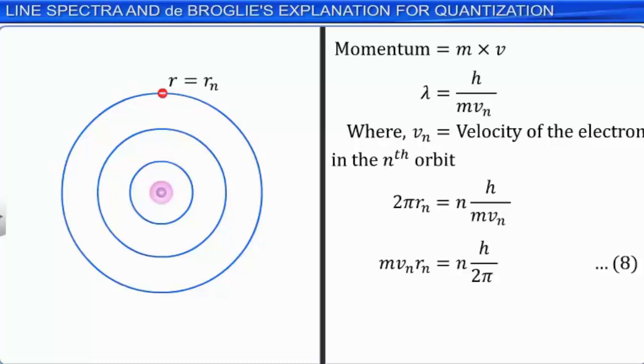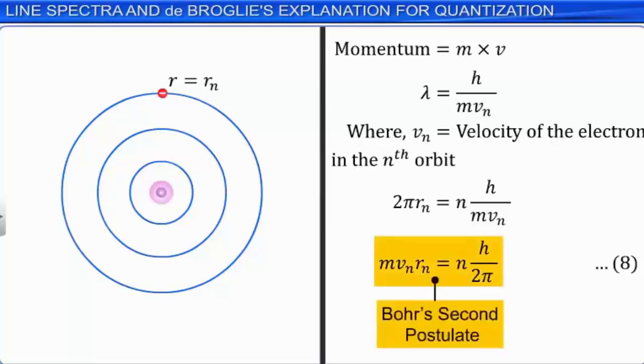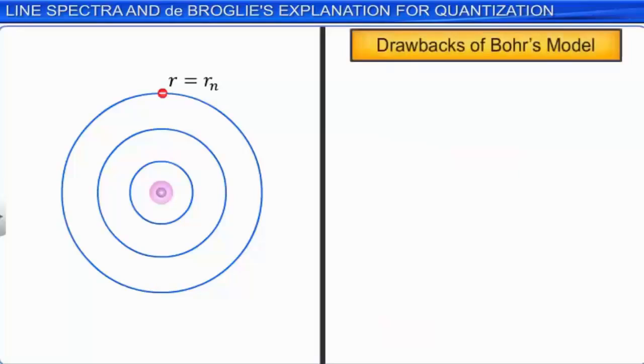In spite of the amazing results of Bohr's model, it had some drawbacks. Bohr's model could be applied only to hydrogen-like atoms, that is, the atoms having only one electron, like singly ionized helium, doubly ionized lithium, etc. It could not explain the spectrum of atoms with more than one electron.